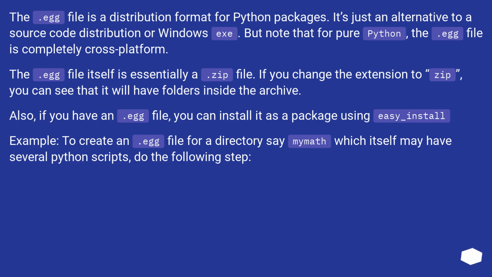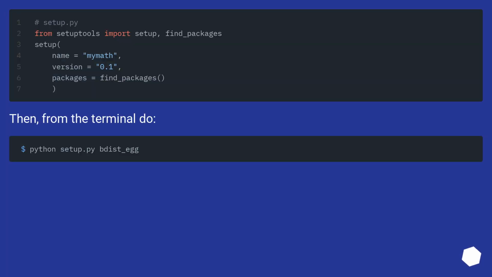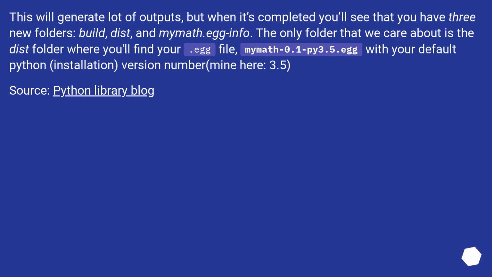Example: to create an .egg file for a directory, say mymath, which itself may have several Python scripts, do the following step. Then, from the terminal do this.